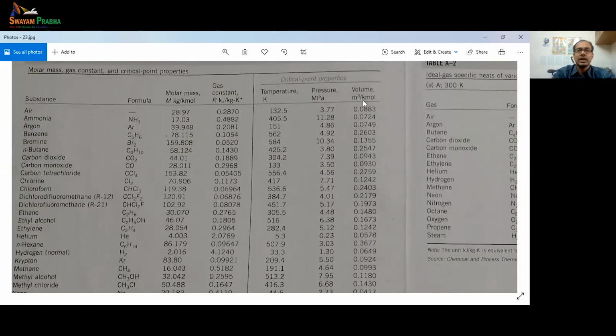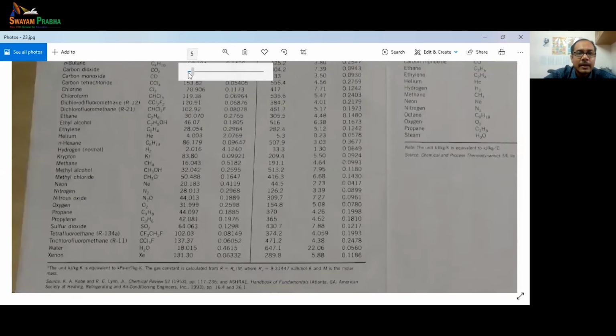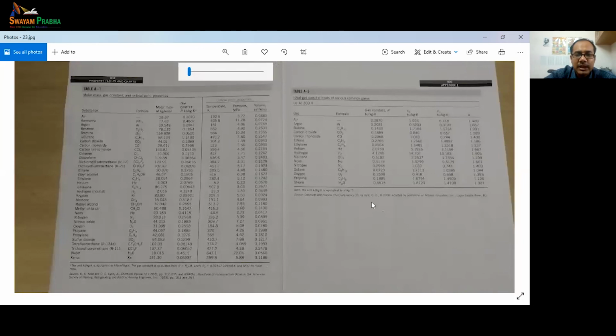This is important. If you read it directly and use it, you may not be consistent with the units. So this is given in meter cube per kilomole.